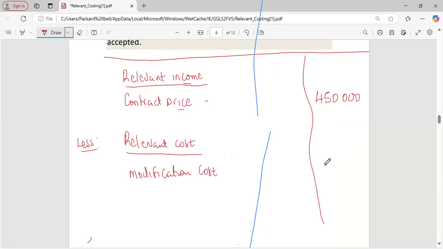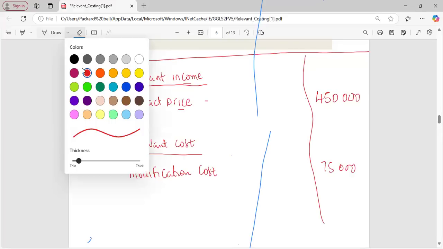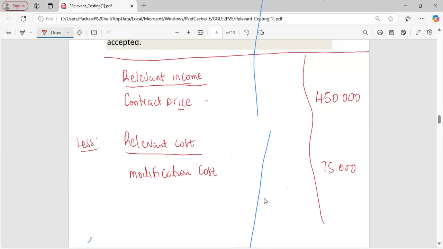It's going to be how much? We say it's 75,000. Right, then let's look at what else is going to be a relevant cost from our question.